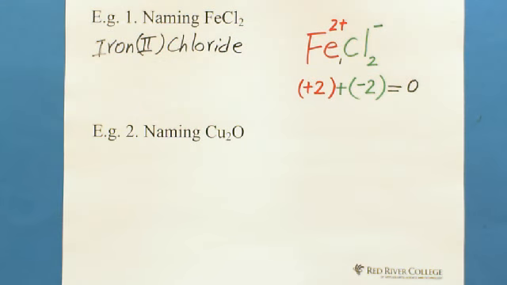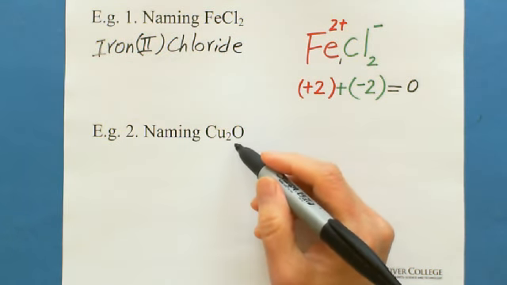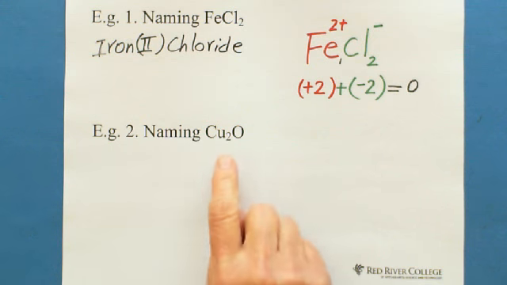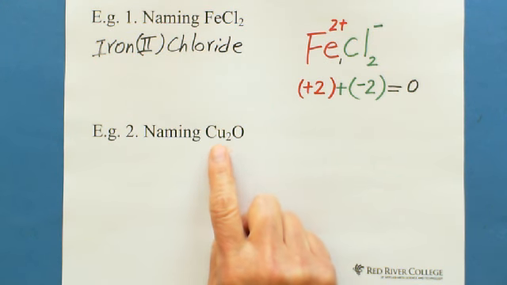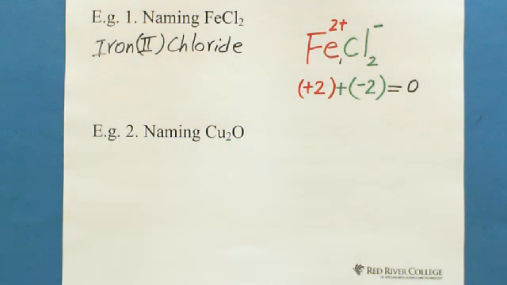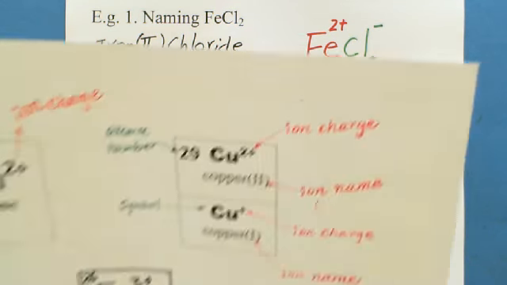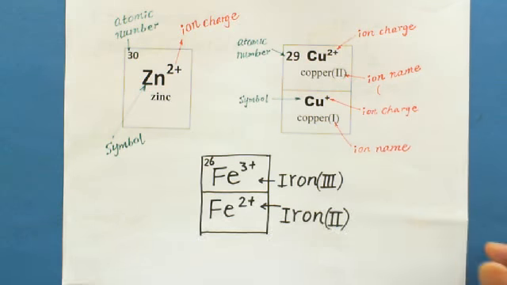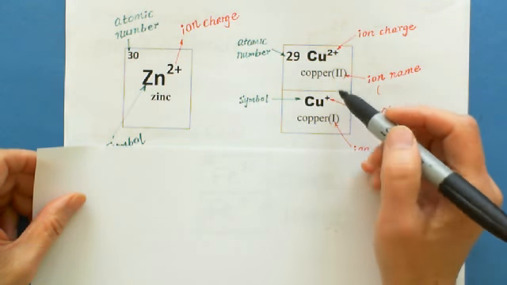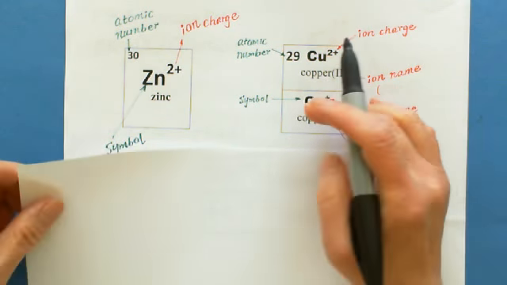The second example, naming Cu2O. Cu is copper from the transition part. Copper has positive 2 or positive 1, copper 2 or copper 1.